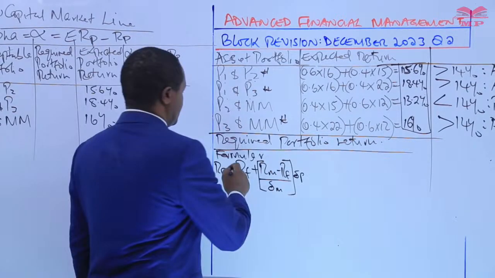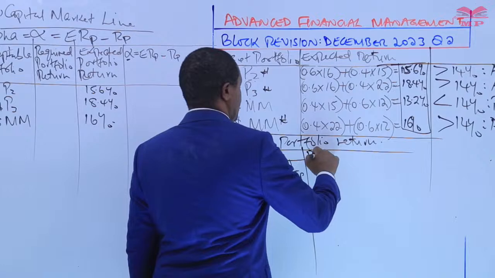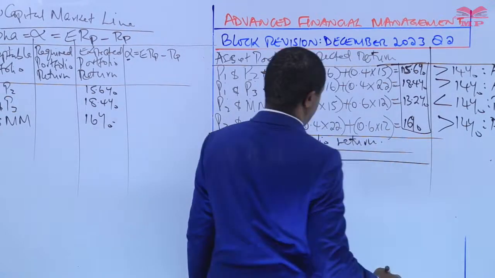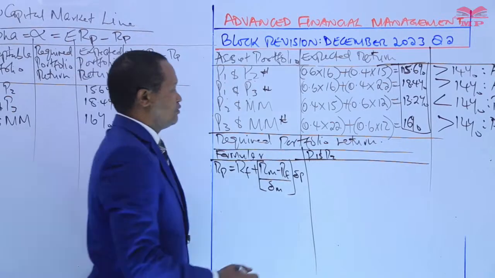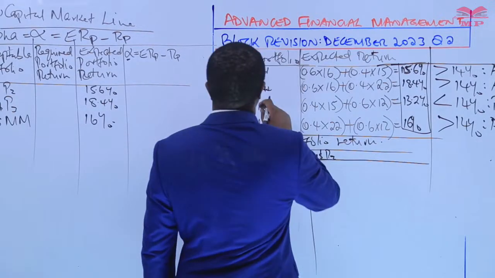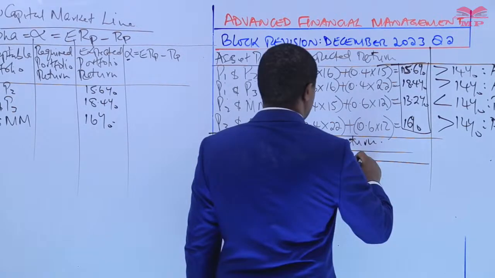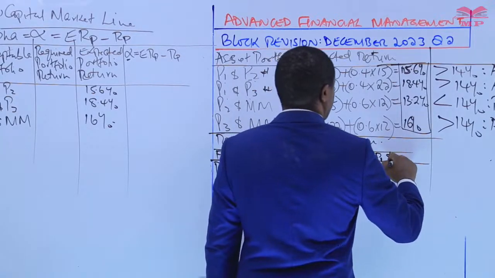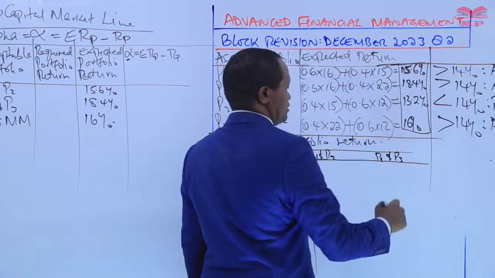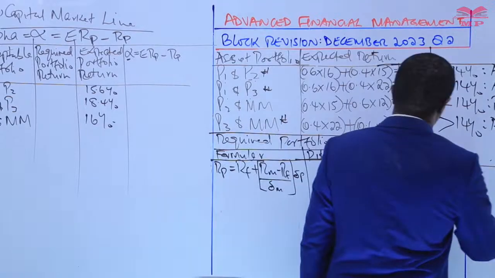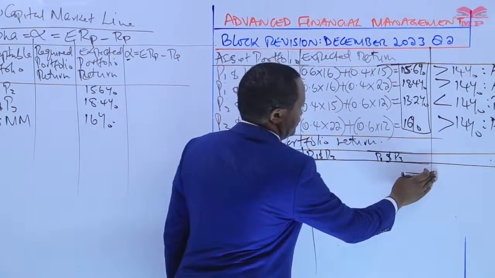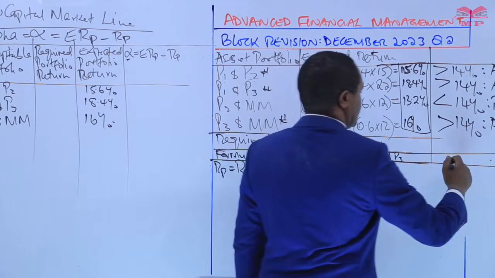So that is the formula. P1 and P2, that's the first portfolio. The next efficient portfolio is P2 and P3. Then lastly, we have P3 and money market.